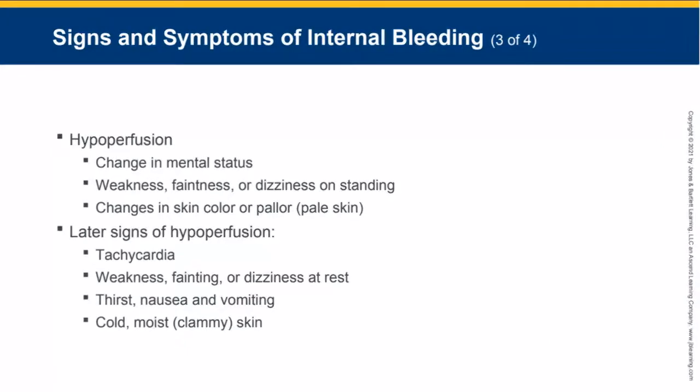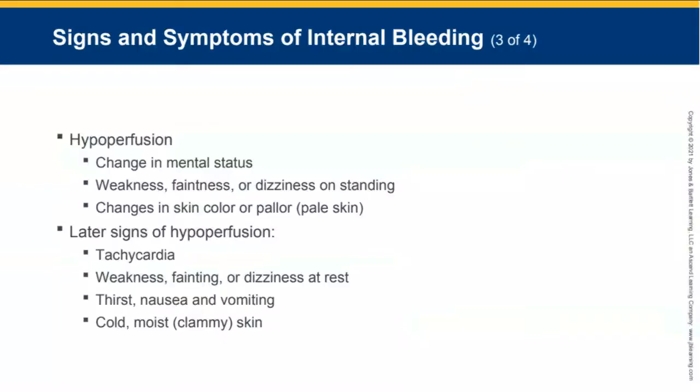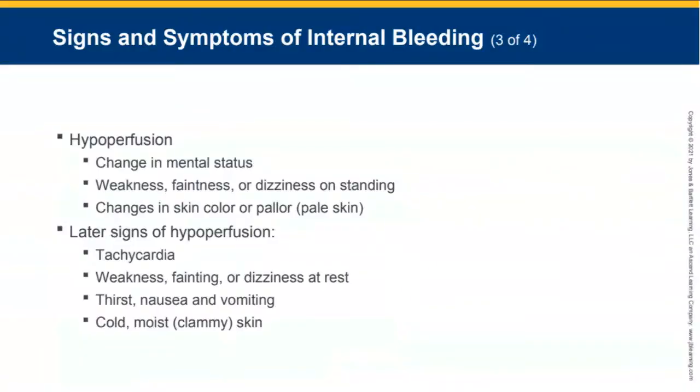Hypoperfusion. So we're still on signs and symptoms of internal bleeding. It can lead to hypoperfusion, which is shock. This is a change in the patient's mental status. They will have weakness, faintness, or dizziness on standing. There are changes in their skin color, or they have pallor, which is pale skin.